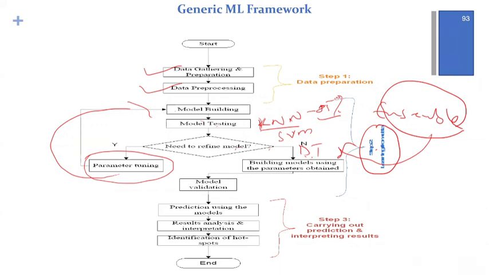If all things go well after simple learners have been used or ensemble has been deployed, then you do model validation. You have another reserve data or new data coming from the clients, from the industry, and then use it to check the model, because you are building the model using the parameters obtained now. This is the final model. Now use other data to check if it's okay, validate the model.